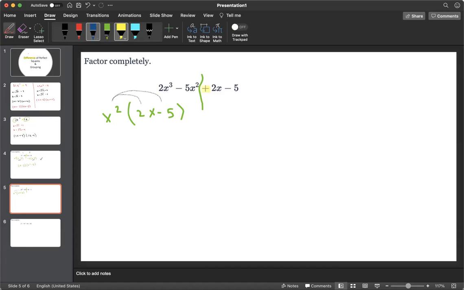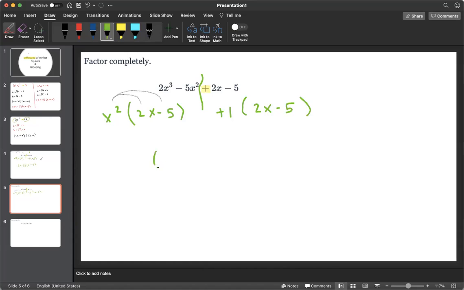On the right side, we see that's a positive, so we take out a plus. There is nothing in common except for 1, and inside the parentheses, we are left with 2x minus 5.